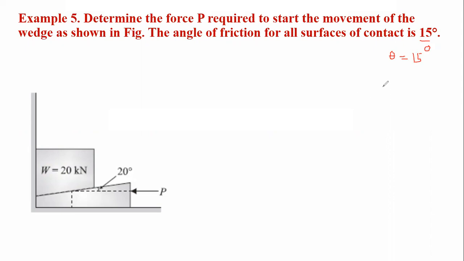The angle made by the resultant R comes from your F force as well as your normal force, and the resultant force is R, making an angle of theta. It is given in this problem.